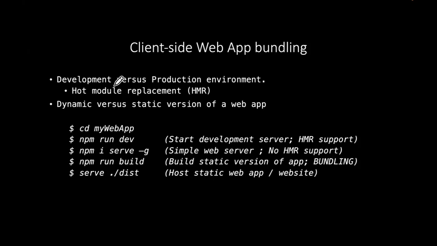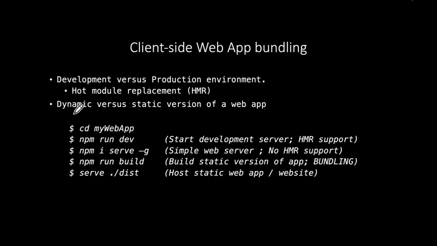Now, that's great when you're in development mode, but clearly you don't want that kind of feature when your client app is deployed into production, because hot module replacement slows down the whole rendering process. So there is this contrast between development mode and production mode.